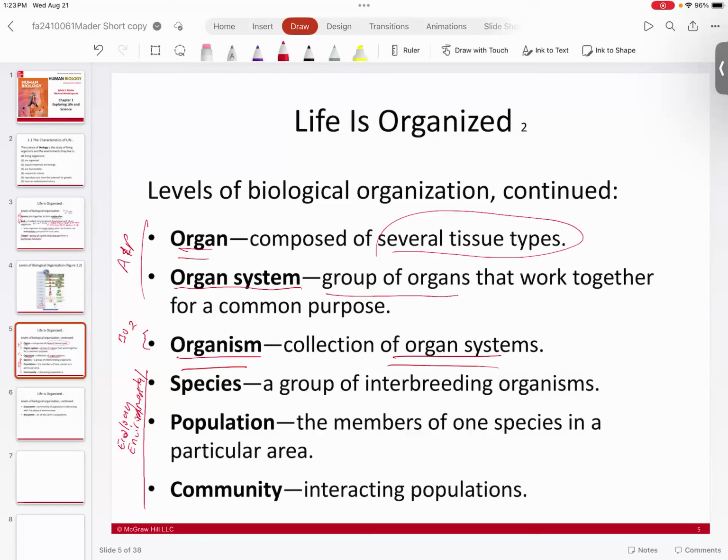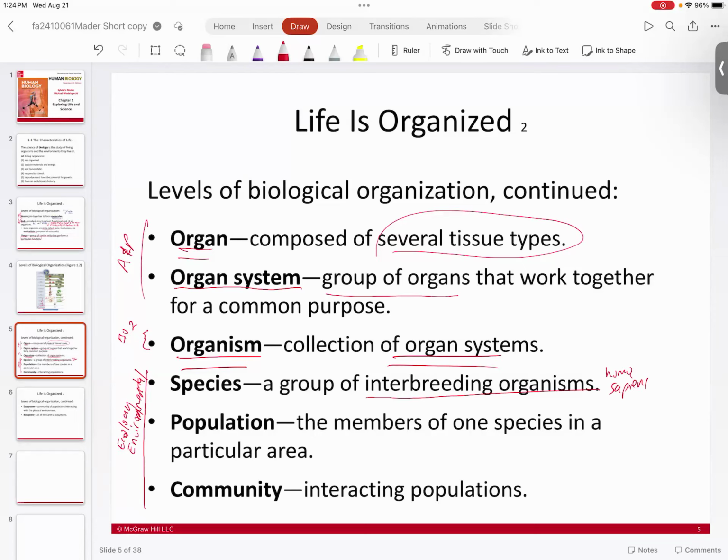Species and population are very similar. It's just a matter of how you look at it. A species is essentially a group of interbreeding organisms. For instance, us, we're Homo sapiens. Homo sapiens can breed with other Homo sapiens. So we're a species.